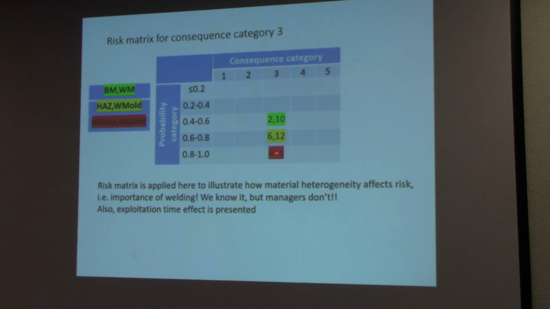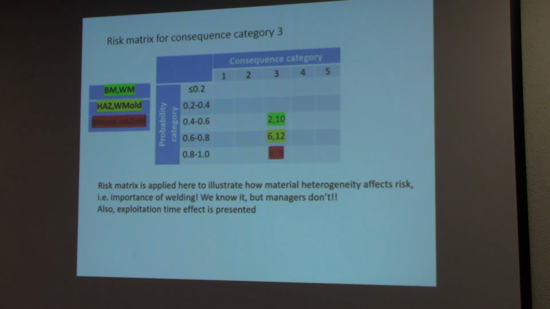So if we have to decide together with the management, or at least to present them the case, we would say that this plant should not be used anymore with old base and heat affected zone material, because that would increase the risk from the safe green area to the alarming red area. And then again, it's up to them to decide.